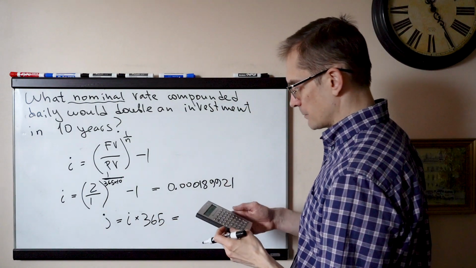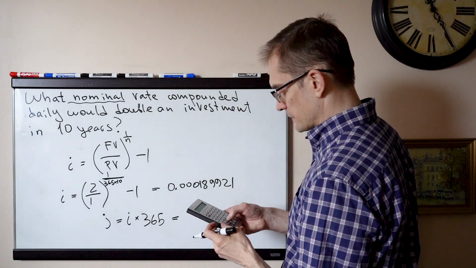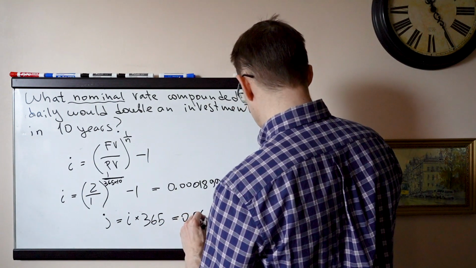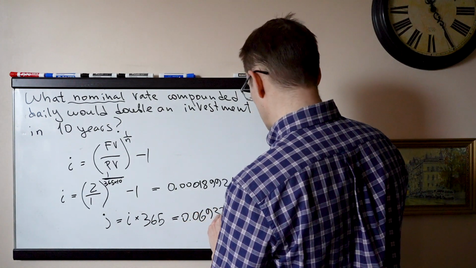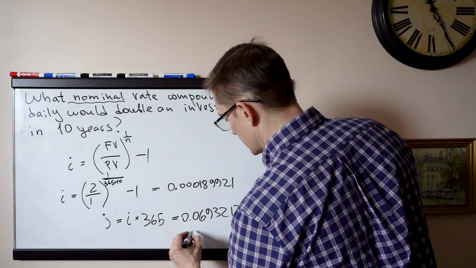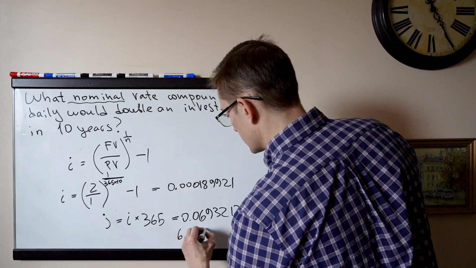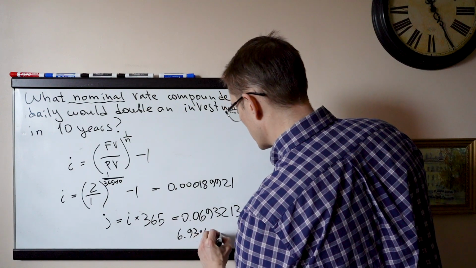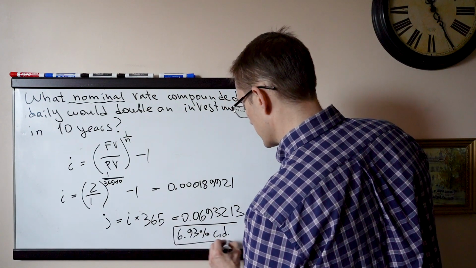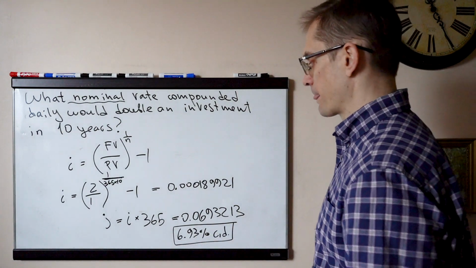So whatever that number is, which I received, I will multiply by 365, and it will be 0.0693213. So in terms of my answer, it is going to be 6.93% compounded daily, right? So that's the answer. The nominal rate is 6.93% compounded daily.